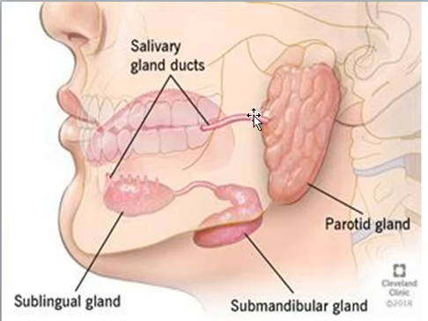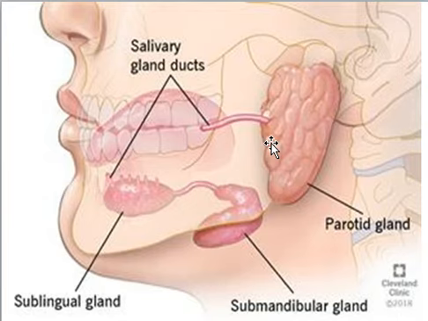Humans have three pairs of salivary glands. The first pair is the parotid, then the submandibular, and the sublingual.